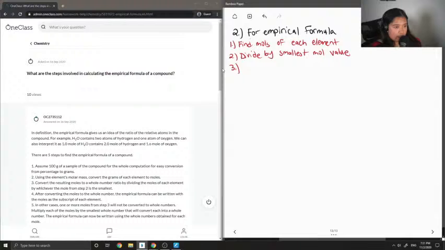Step 3, so that when it's in its smallest mole value form, you want to make sure everything is in whole numbers. So you want to convert to whole numbers. This will make more sense when I do an example at the bottom.